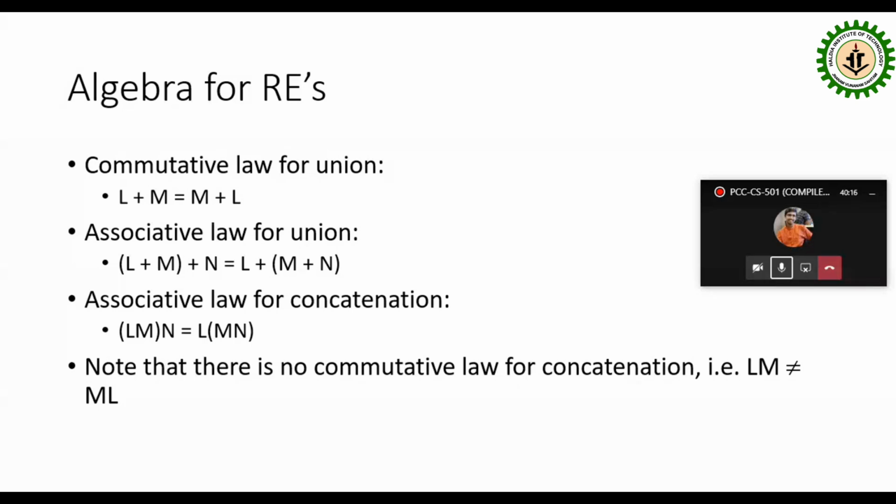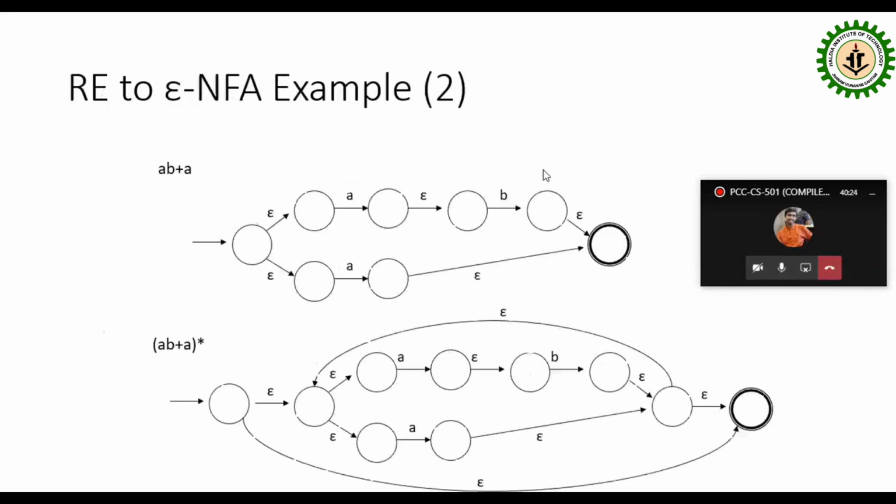When you draw it in the null NFA, as in the previous example, if you reverse the picture, with a in the upper part and ab in the lower part, it is the same operation. ab plus a equals a plus ab. There will be no problem.